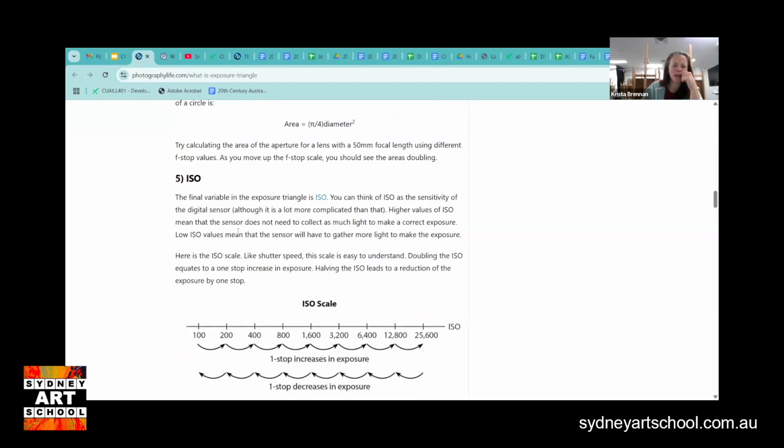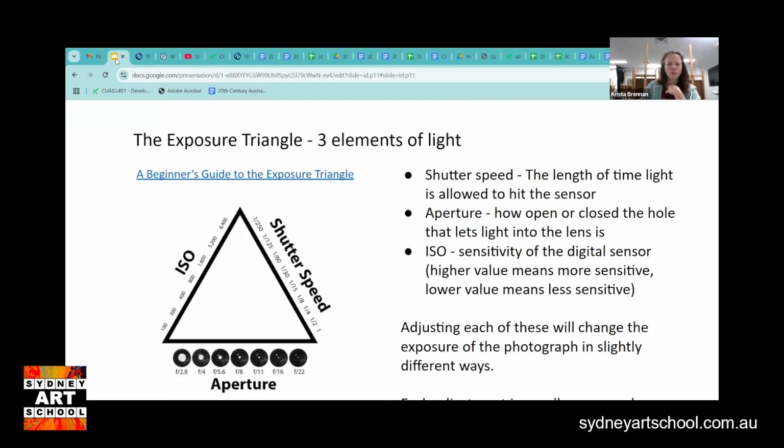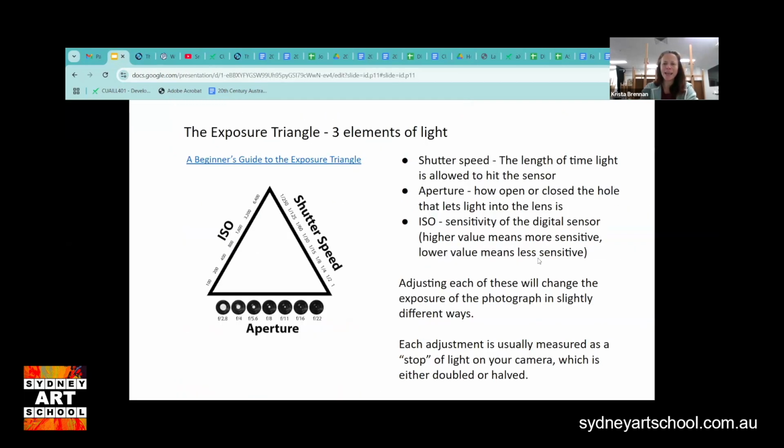Higher values of ISO mean that the sensor does not need to collect as much light to make a correct exposure, and a low ISO value means that the sensor will have to gather more light to make the exposure. So adjusting any of those will change the exposure of the photograph in slightly different ways.